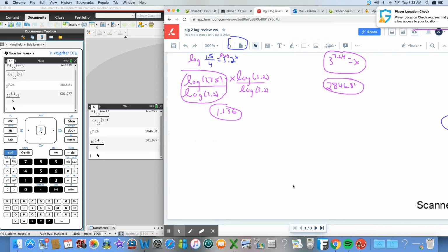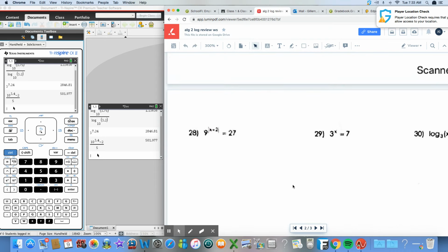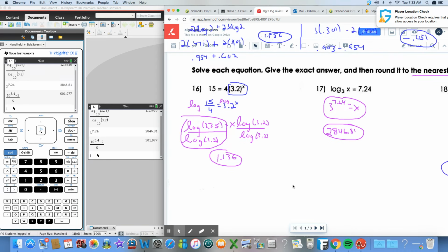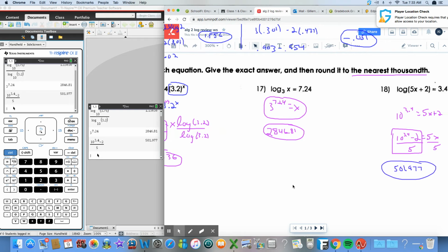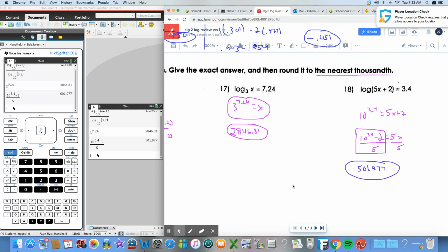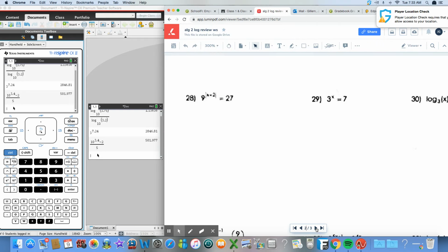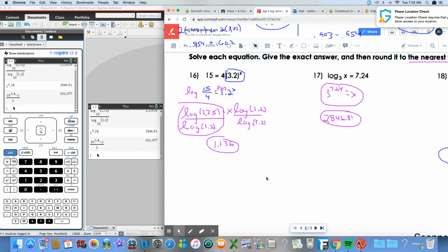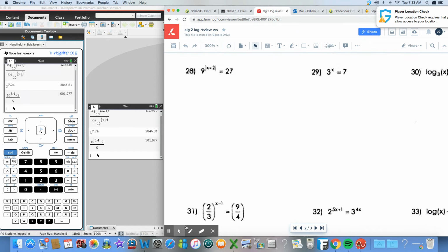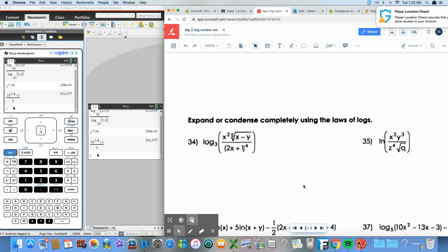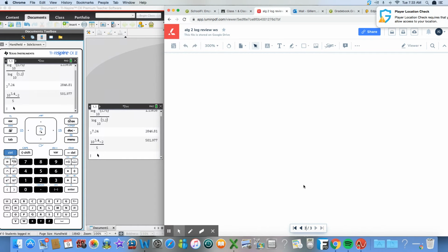All right, on to page 2. What happened to page? Let's see. Hold on one second.